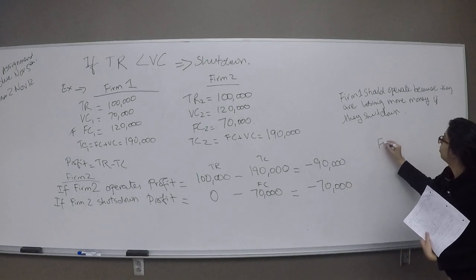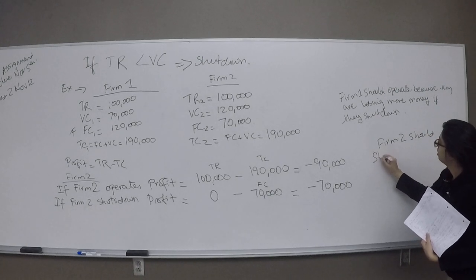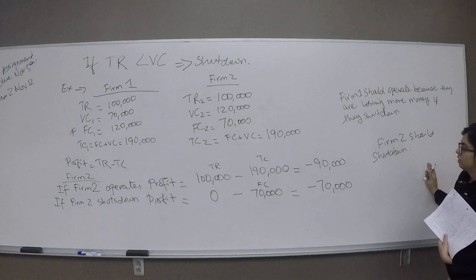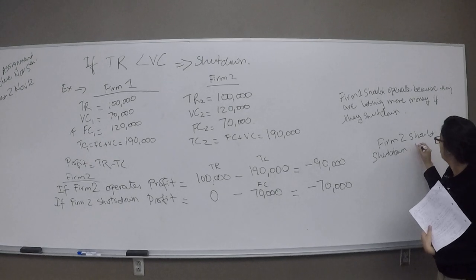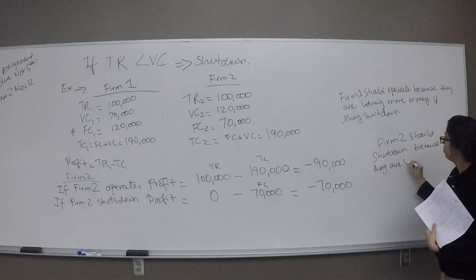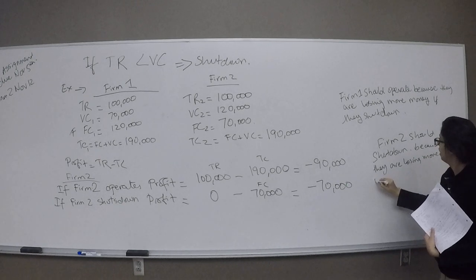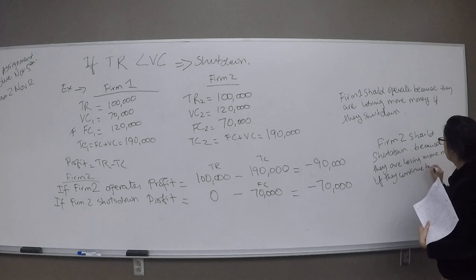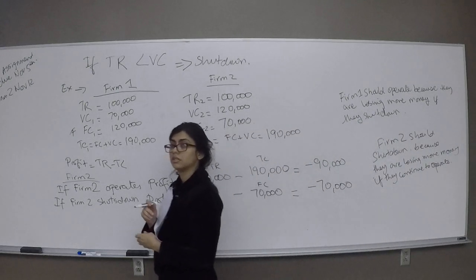So firm 2 should shut down because they are losing more money if they continue to operate. Right?